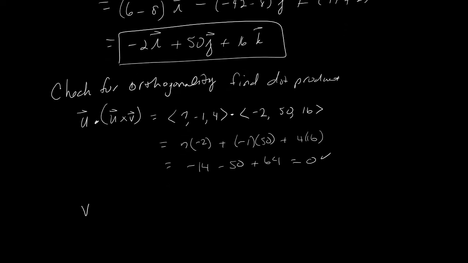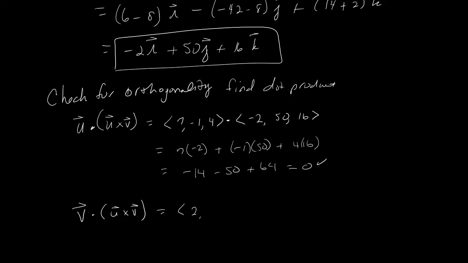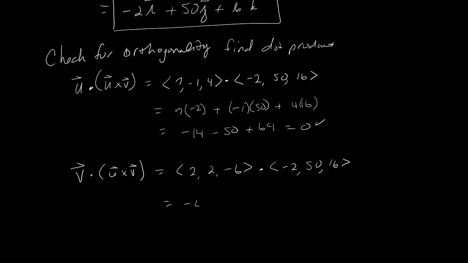So let's do v. v was 2, 2, negative 6. Dot that with negative 2, 50, 16. And we get negative 4 plus 100 minus 6 times 16. That's 64 plus another 32 would be 96.